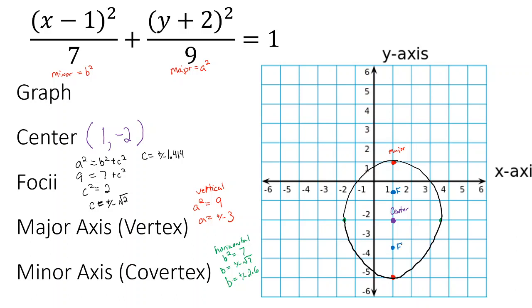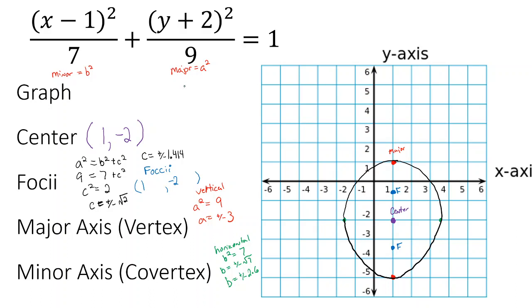So remember, this is where the exercise I had you doing earlier to find the coordinates of the foci is going to come in. For your foci, you want to set up your relation, a set of ordered pairs. Then you want to start with the center, 1, -2. Then the next question you can ask is about the major axis. Is that a vertical change or a horizontal change? Is it under y or is it under x?